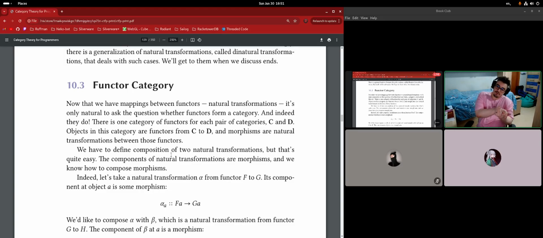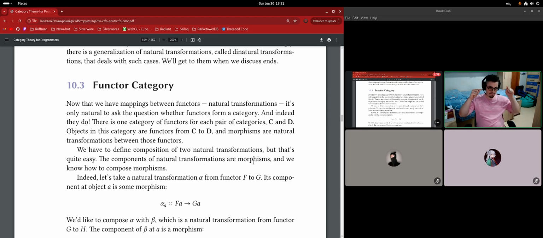And now we're going to talk about whether functors actually do form a category. And we're going to see that they do. So imagine that there is one category of functors for each pair of categories C and D. Objects in this category are functors.